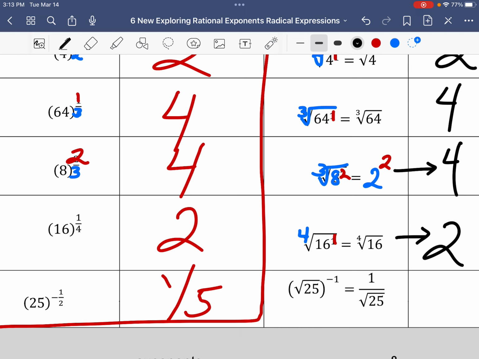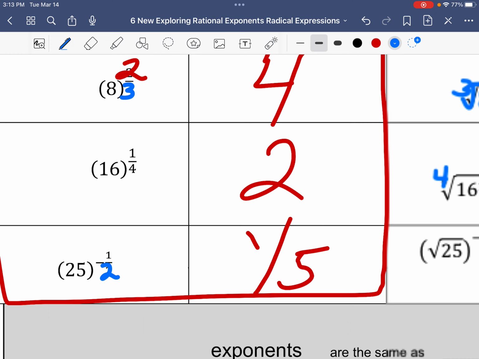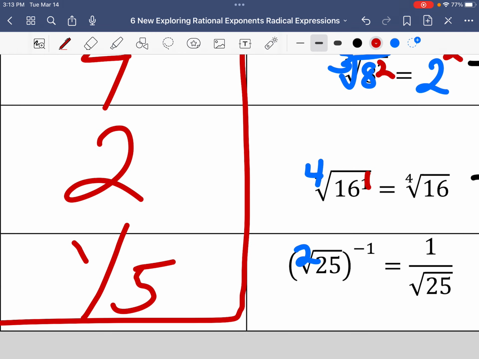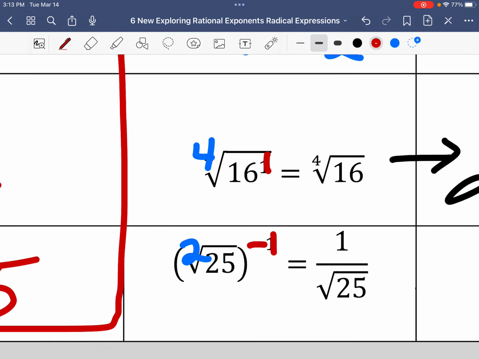Now, this last one is kind of interesting because it's got a negative. It's got a negative, but look carefully. First of all, I still have a denominator. The denominator is the root, so it's like the square root. The numerator is the power. Now, it happens to be a negative power, and you guys are going to learn eventually, but we're going to mix it in today, that a negative power is going to flip a problem over.